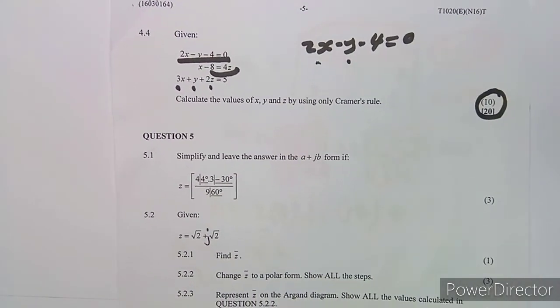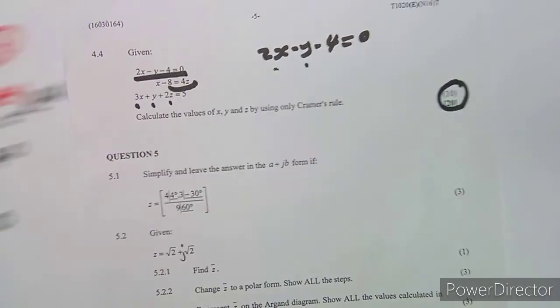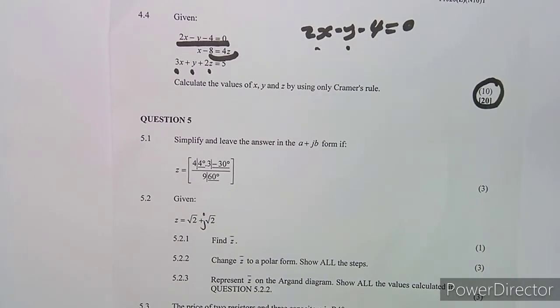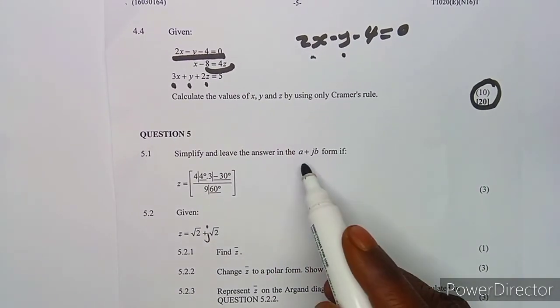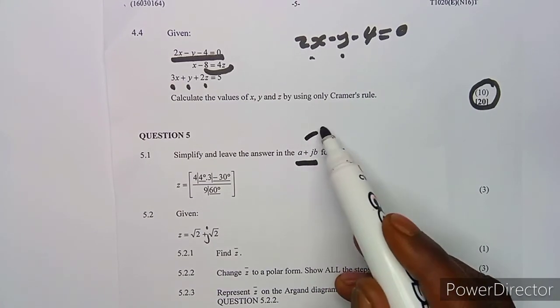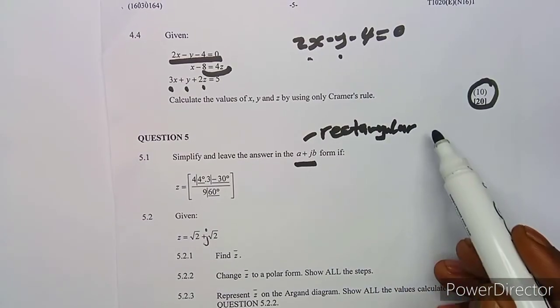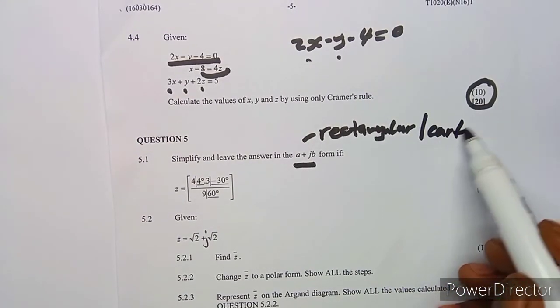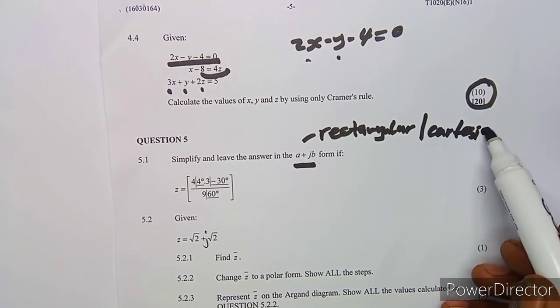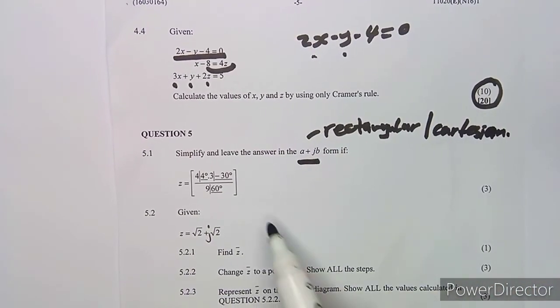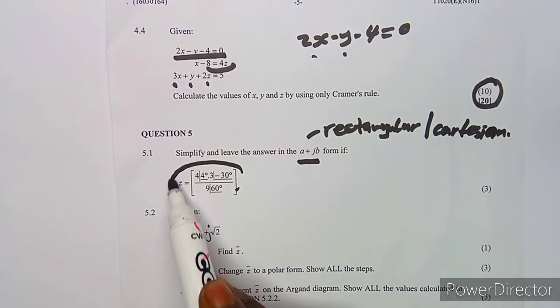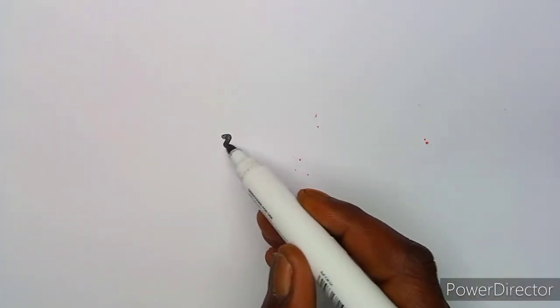Anyways, let's see the other part that we were given, which is on question 5, to simplify and leave the answer in the a plus jb form, which is the rectangular form. So it's called the rectangular or the Cartesian form. So remember, this is polar form. We have to combine that in polar form.